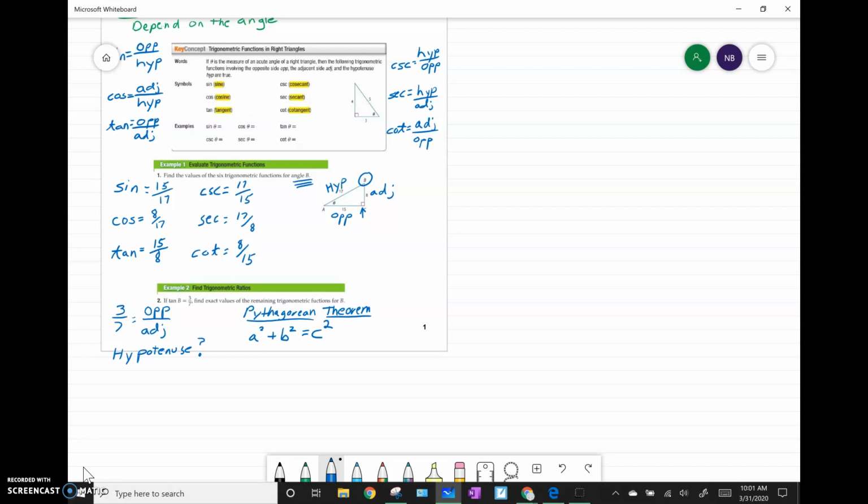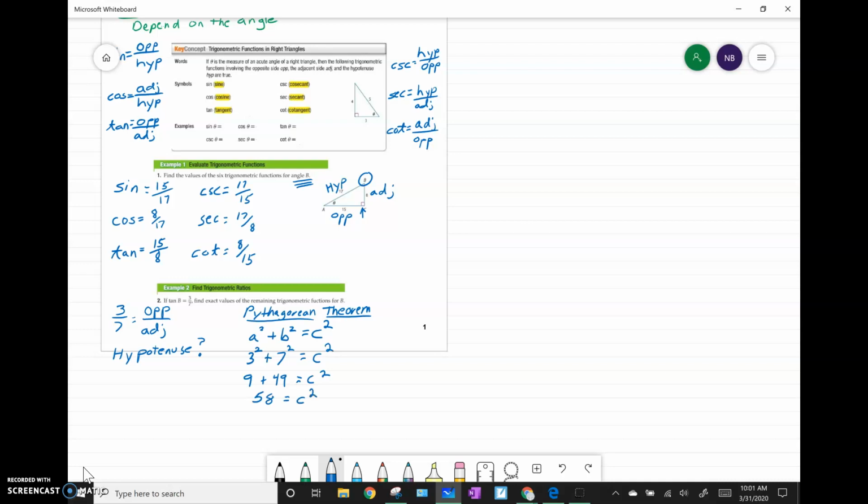So opposite is 3, so I'm going to have 3 squared. Adjacent is going to be b, so I've got 7 squared equals c squared. We square these, and we get 9 plus 49 equals c squared, and we end up with 58 equals c squared.